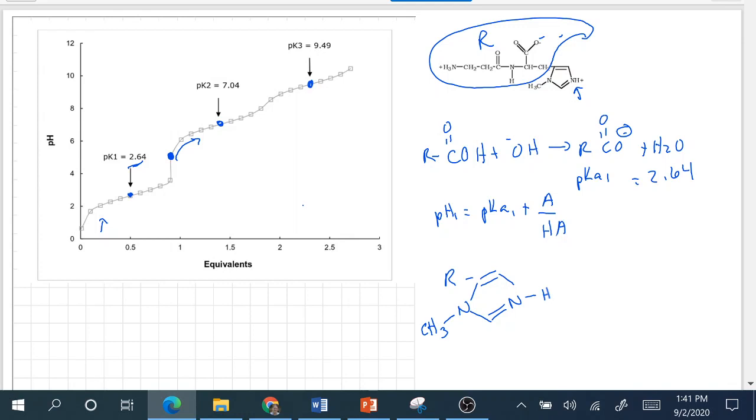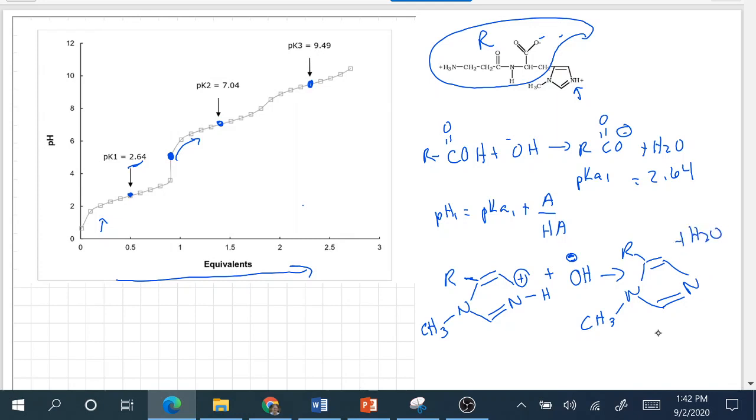So we're starting out with it protonated. That's why it's acidic. And we're adding sodium hydroxide here. So we're adding equivalents, as we move to the right on this chart, of our strong base. So we can say sodium hydroxide, some strong base. And then we end up with, the R is connected here, so now our nitrogen is neutral.